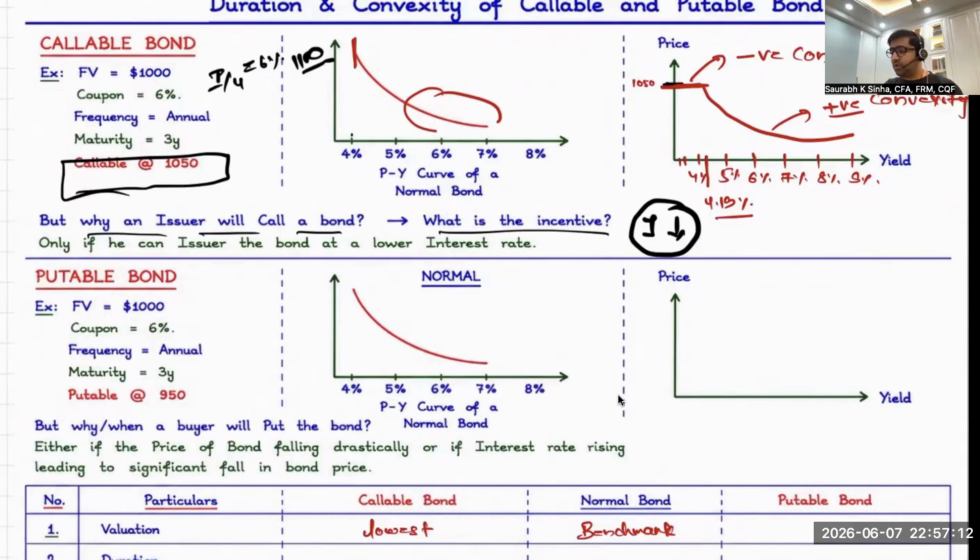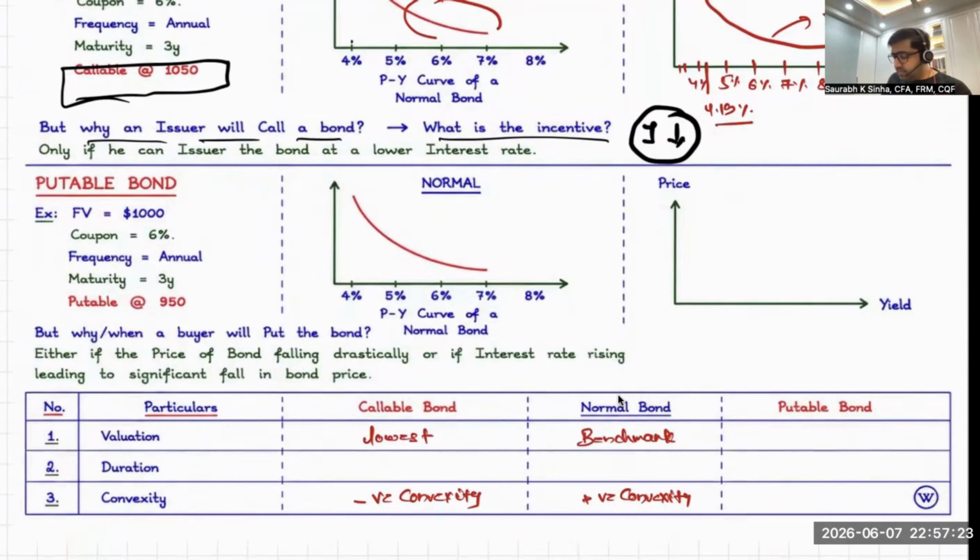But actually here the slope is what? Zero. Flat. Tan theta is what? Tan zero. That is zero. So the duration for the lower interest rate will become 0. Here it is benchmark, so I'll not talk about it.